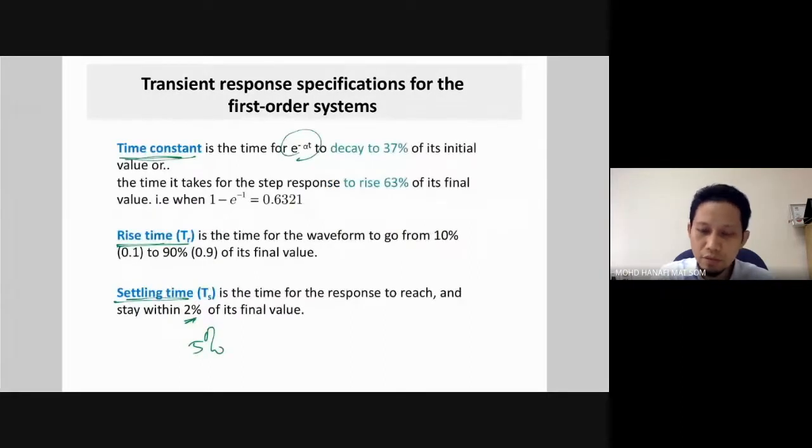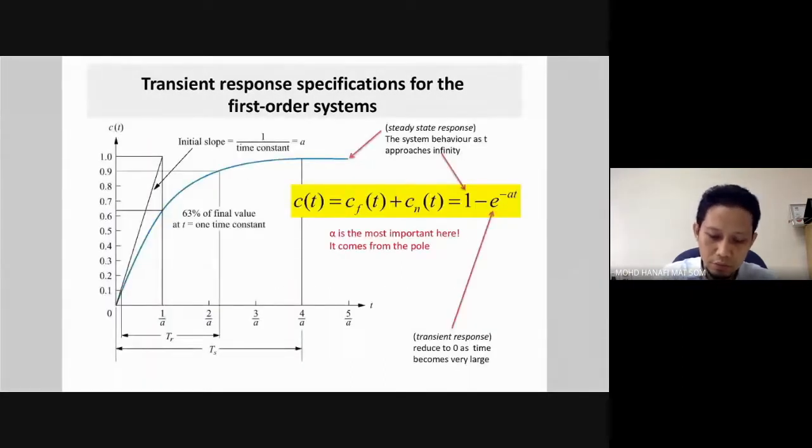Time constant is here. We have from 0 to reach 63% of final value. Or in other words, it is the time taken to decrease to 37% of its initial value.